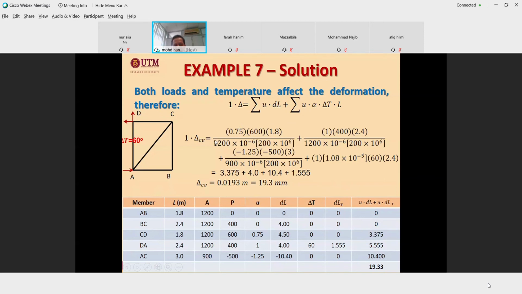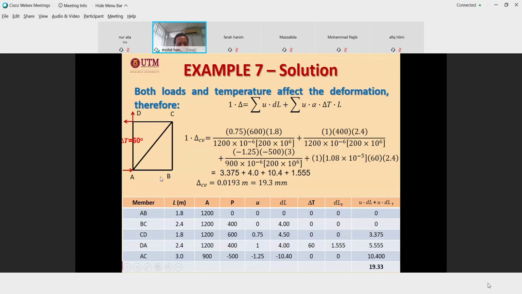If you are not good at doing calculation, it is quite difficult to avoid mistakes. So better to calculate in this table.